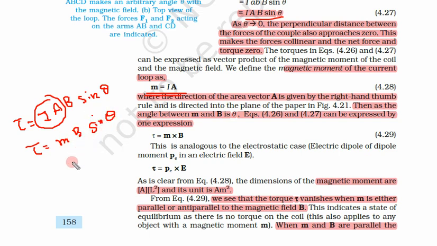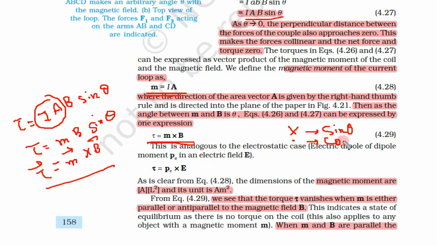And you know that if we do the cross product, M cross B, if both are made vectors, this sine theta is in this cross product. So tau is also a vector. So tau is equal to M cross B, because cross product is sine theta and dot product is cos theta.